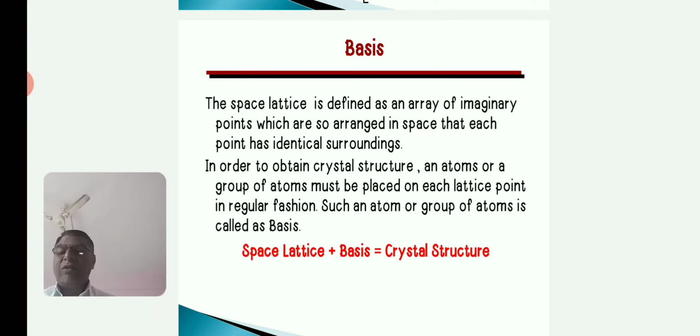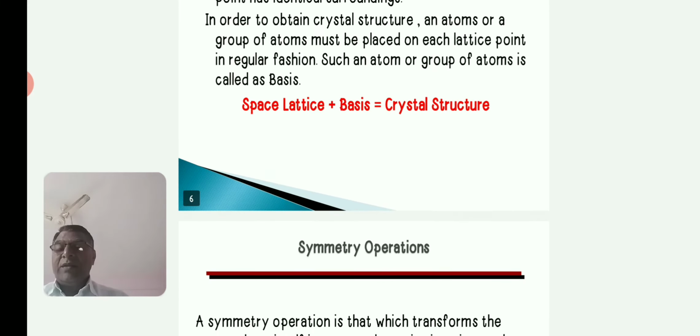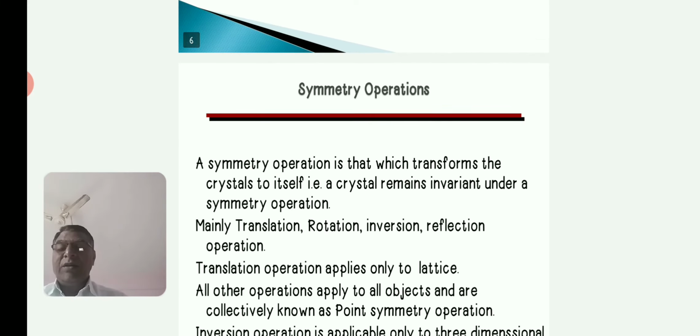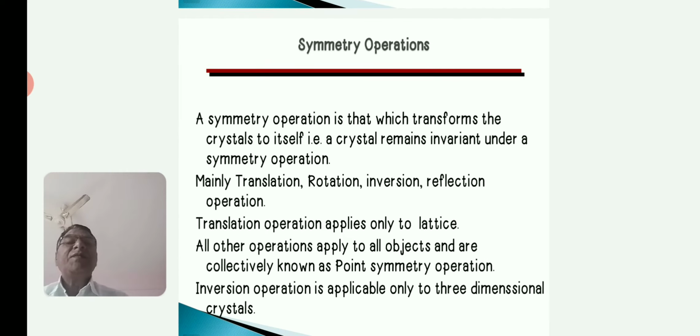The translation operation applies to lattice, while all the remaining operations are point operations. A symmetry operation is one which transforms the crystal to itself, that is, the crystal remains invariant under the symmetry operation.